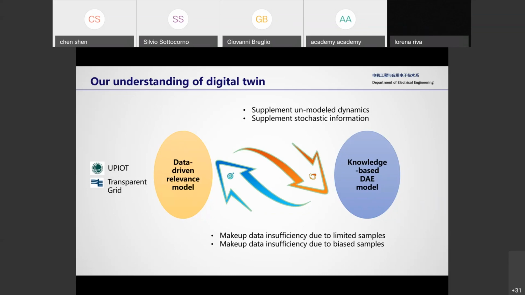We think that both the State Grid and China Southern Grid, the two biggest electricity companies in China, realize the importance of information in grid-layered data. That's why they present the concept of the future power Internet of Things and the concept of the transparent grid.